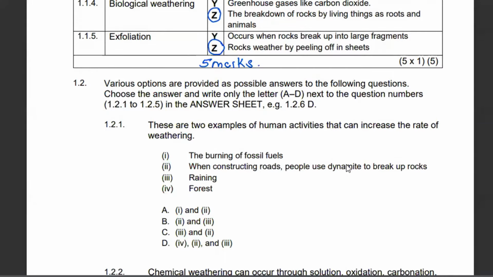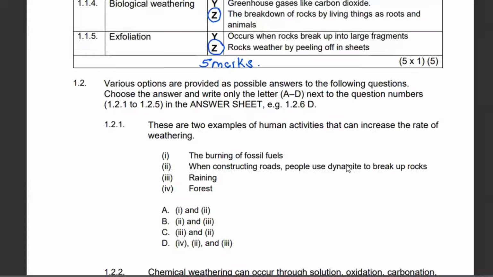For example, 1.2.6 D. Let's see 1.2.1. These are two examples of human activities that can cause the rate of weathering. One is the burning of fossil fuels. Two is when constructing roads, people use dynamite to break up rocks.